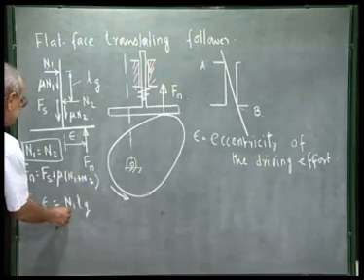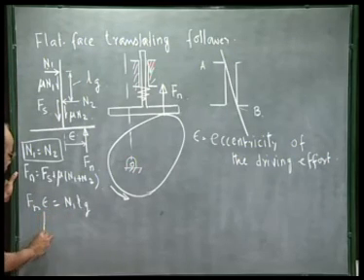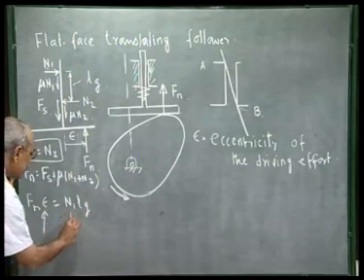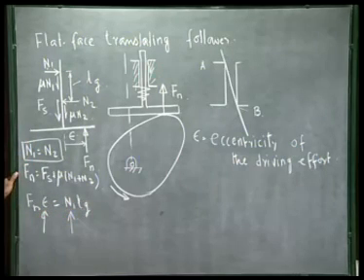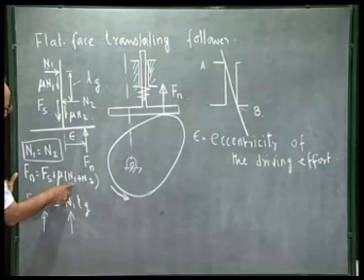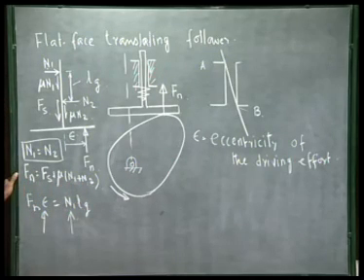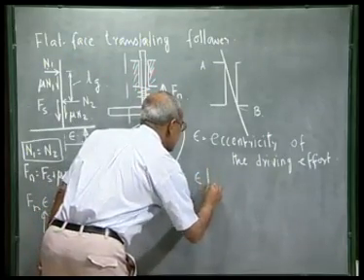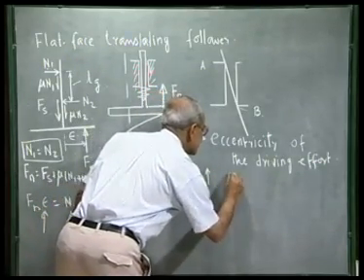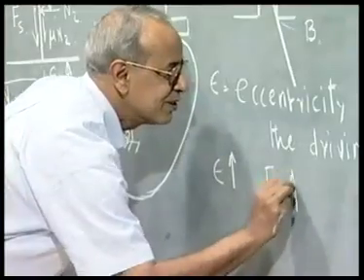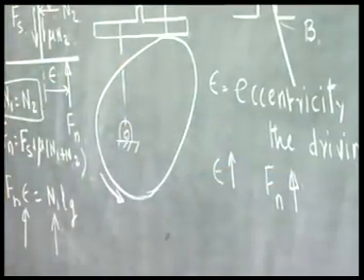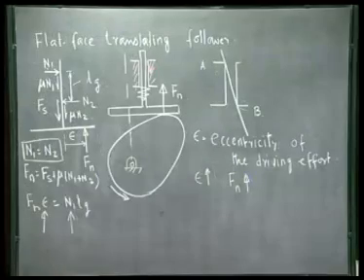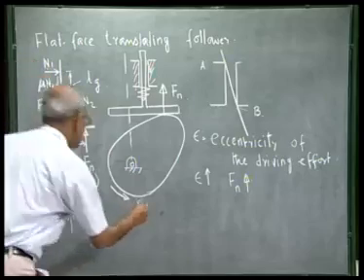So this clearly tells me if eccentricity is more, then N1 will be more, and if N1 is more, N2 is equal to N1, so Fn will be large. So that tells me if epsilon increases, Fn also increases. We can write the expression of Fn.